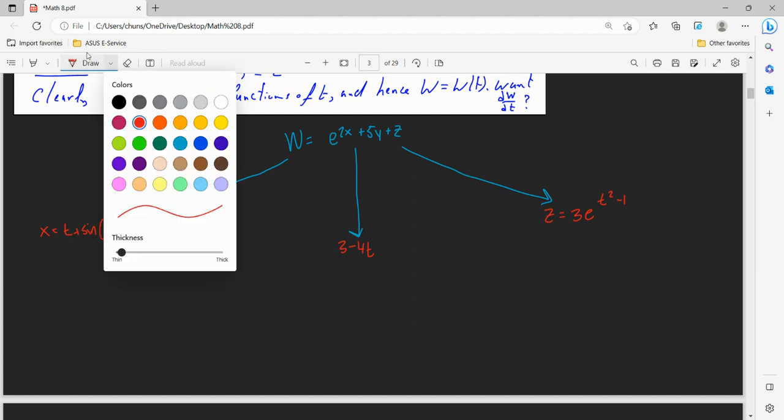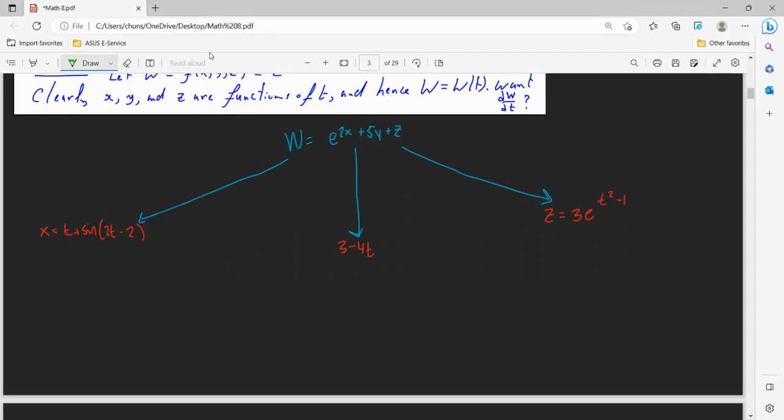Okay, so in each intermediate step, this is where we have our dw as a function of dx. So this is our partial derivative with respect to x for this part.